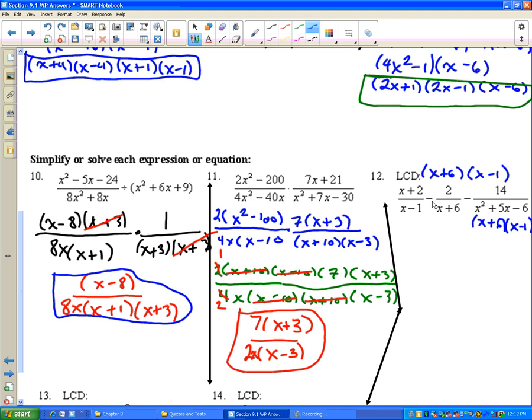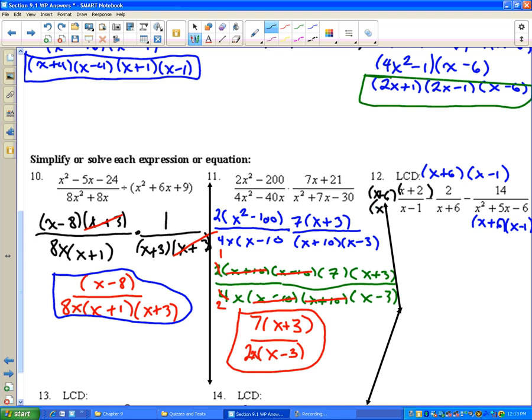Since this is not an equation, it's not a large fraction or fraction within fractions, I'm going to go ahead and keep my denominators. And so what I need to decide is in this first fraction, what am I missing? I am missing the factor of x plus 6 in my denominator.